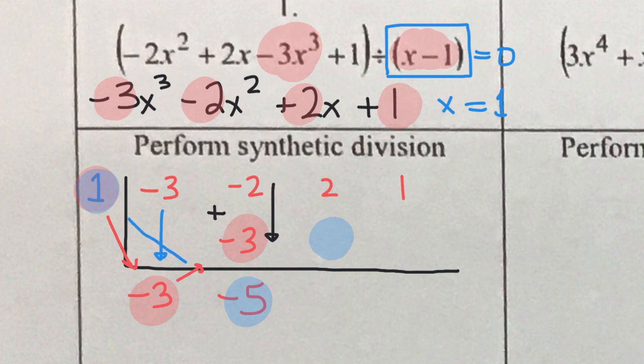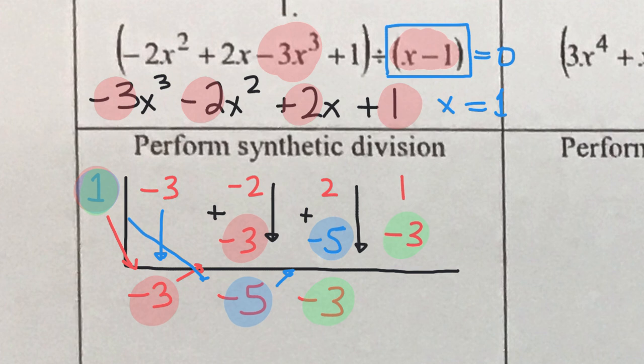1 times -5 is -5. And now I add 2 plus -5 and get -3. And I continue doing this process until I have multiplied and I no longer have any numbers anymore. Positive 1 times -3 is -3.